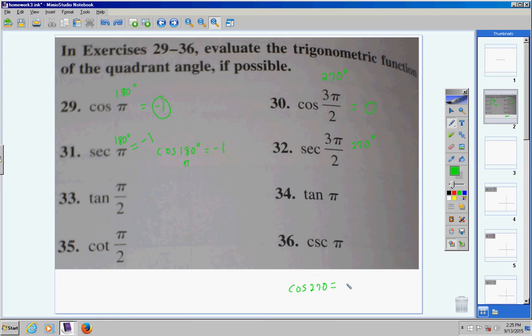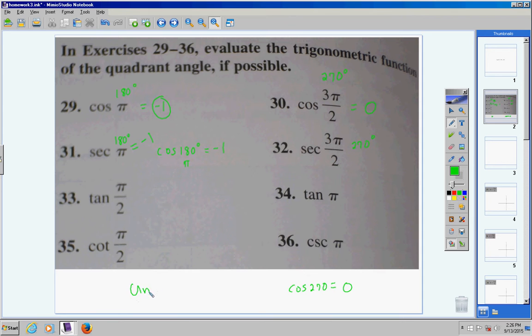The answer is 0. Now, I want to teach you a shortcut here. When you're dealing with trig functions of quadrant angles, anytime you're looking for the inverse of 0, you'll get undefined. And anytime you're looking for the inverse of undefined, you'll get 0.